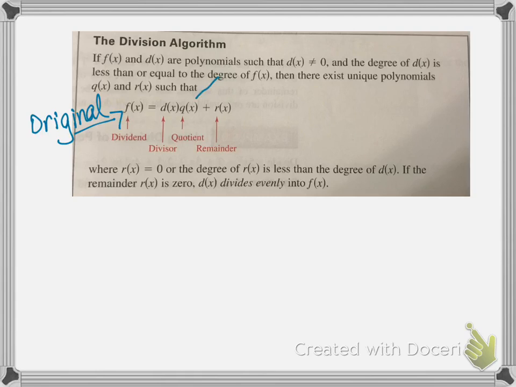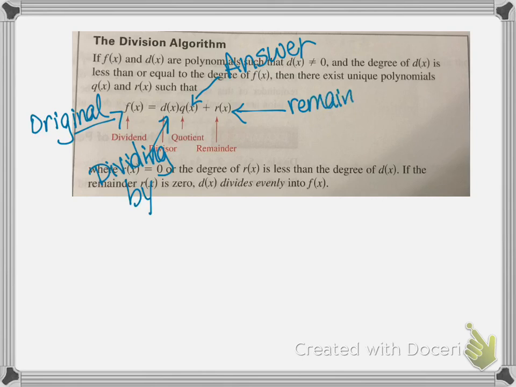Okay, this right here is my answer. This is what I'm dividing by. Okay, and this is my remainder. Now, I'm going to give you a second to write that down.